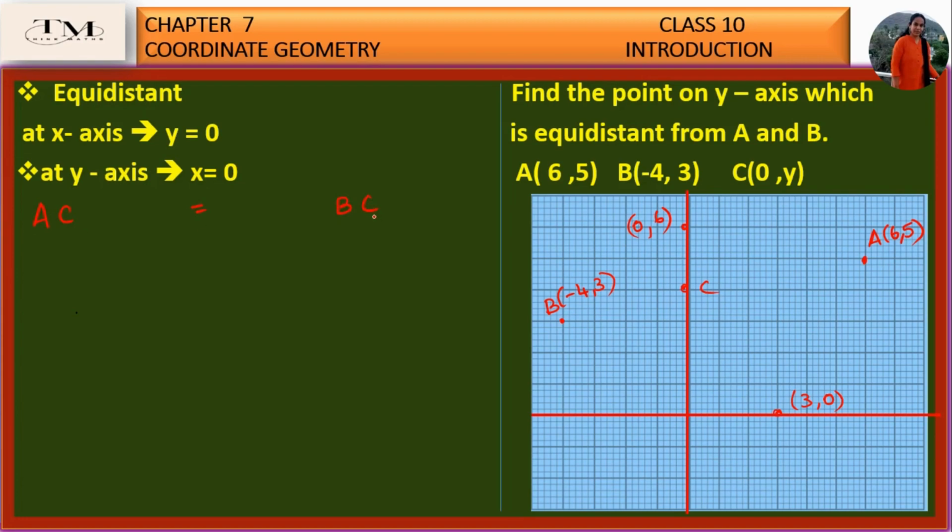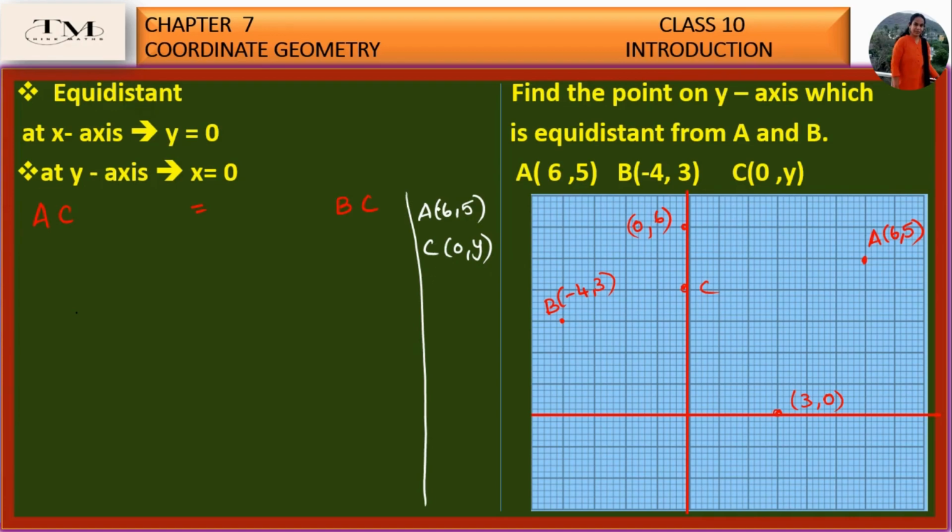Using this equation, we have to find the point C. So what is AC? The points are A (6, 5) and C (0, y), because on the y-axis, x will be 0 and there will be a value of y. So C can be said as (0, y).